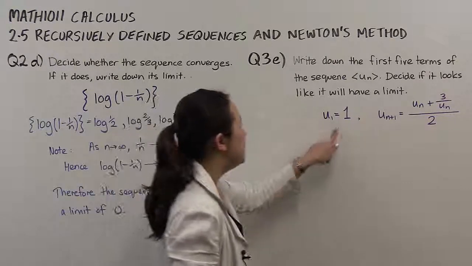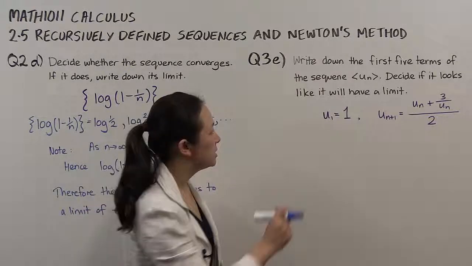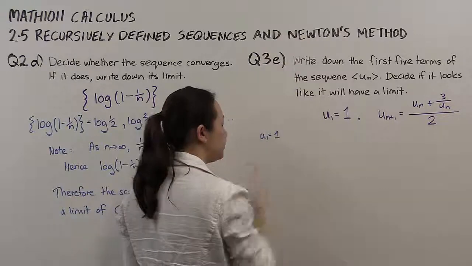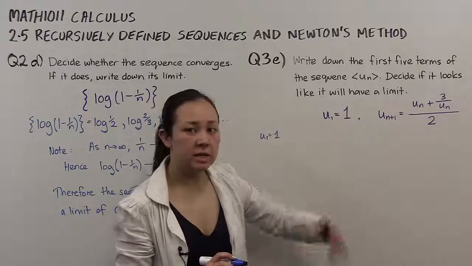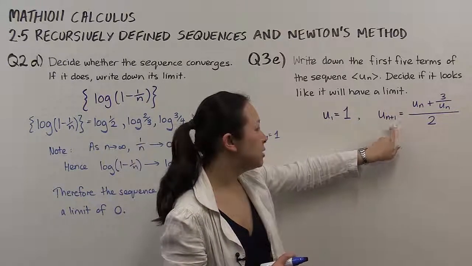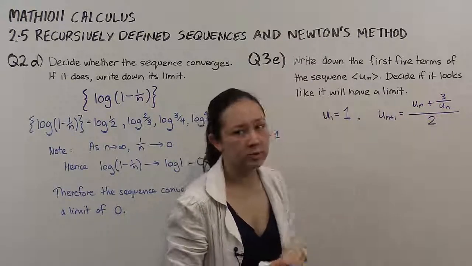Question 3E gives us a recursively defined sequence. So it gives us the starting point, it gives us the first term, U1, and it gives us a formula to find each subsequent term. So u(n+1), the n plus 1th term, is the nth term plus 3 divided by the nth term, all divided by 2.